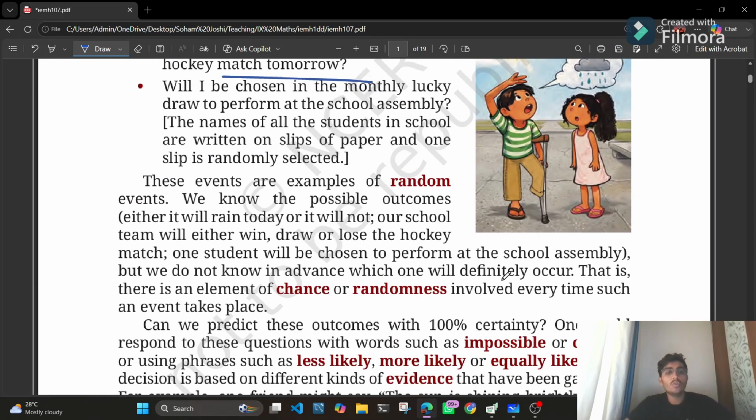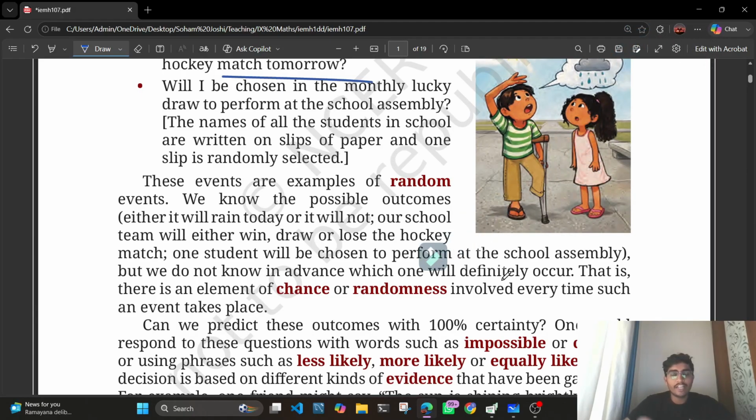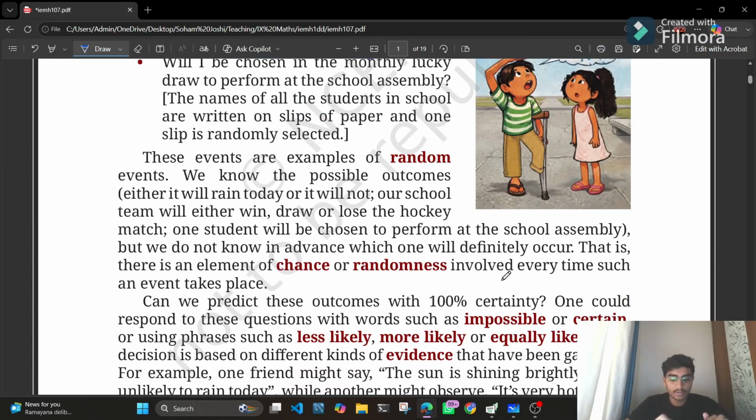Now we also know the possible outcomes for these events, right? If I ask you, is it going to rain today, your answer would be either yes or no, or maybe it is more likely to rain, or it is less likely to rain. But we cannot say firmly whether it will rain or not.